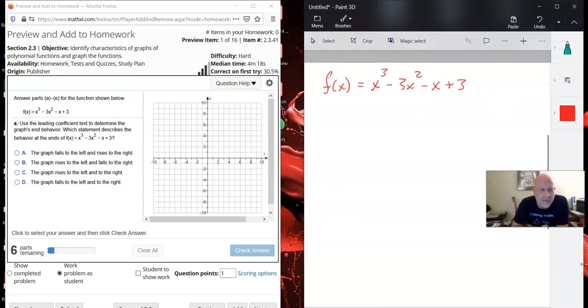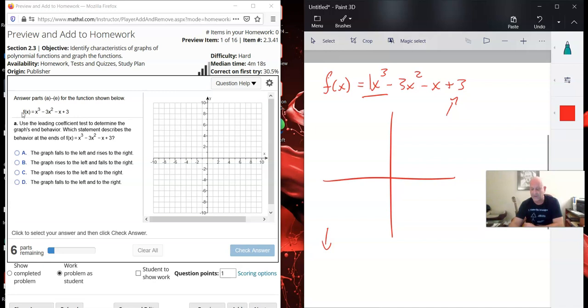So the first question it's asking is, we're going to use the leading coefficient test to see what this thing is doing. This one is already multiplied out for us, so all we have to do is look at the leading coefficient. The leading term is x cubed, and x cubed has a 1, so that's a positive number, which means my end behavior is going to go opposite directions.